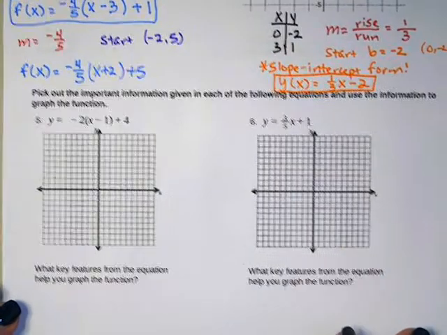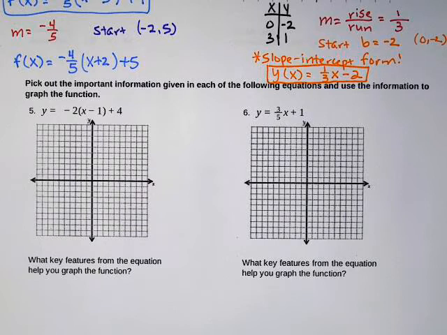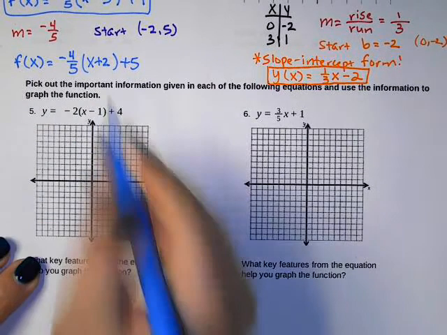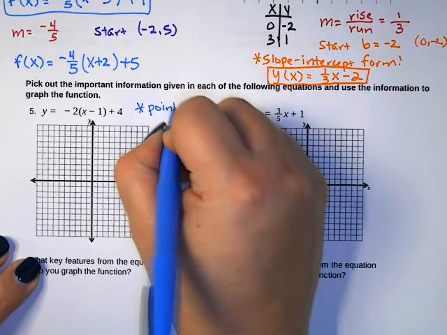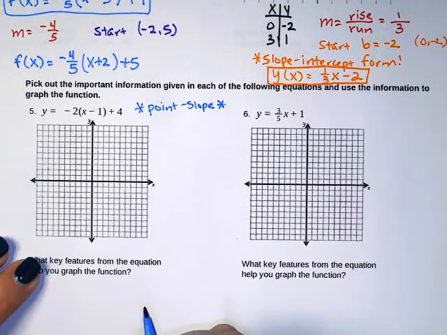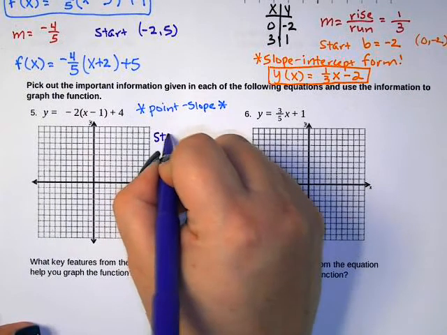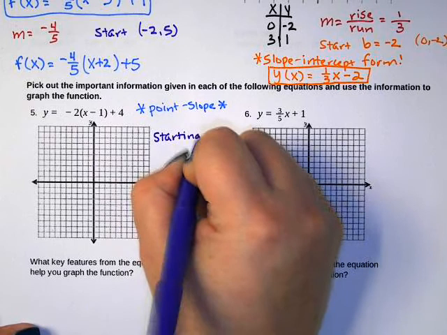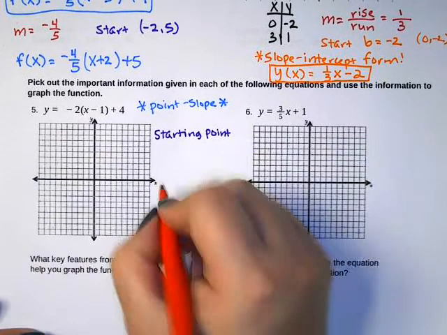Okay, moving right along. I know this is getting a little long. Pick out the important information and use the information to actually graph the function. So if we take a look at this equation here, we should be able to recognize that this is point-slope form, which means I must be given a starting point, and I must be given a slope.